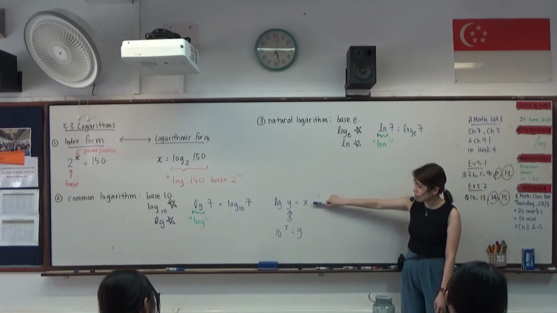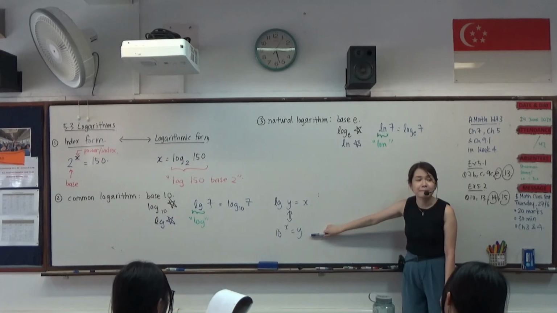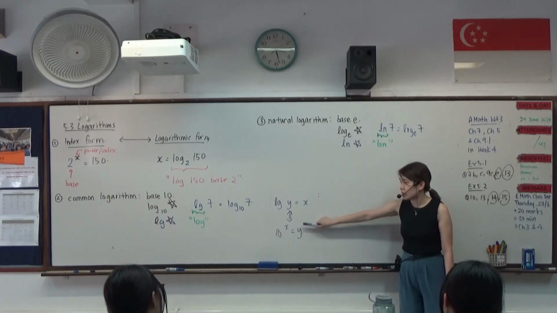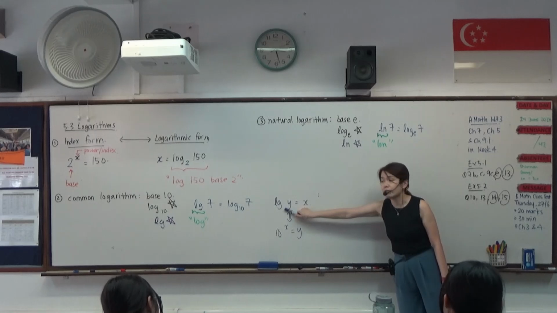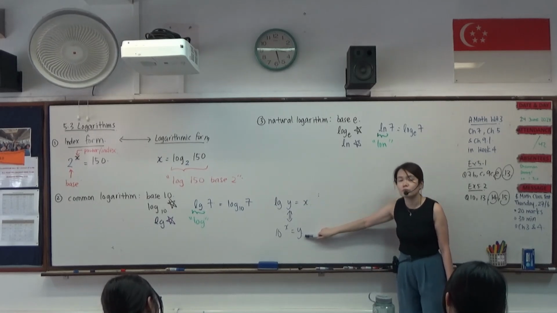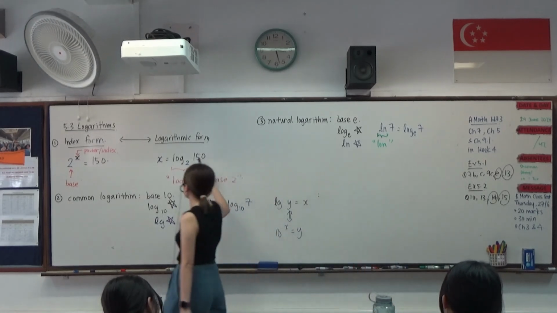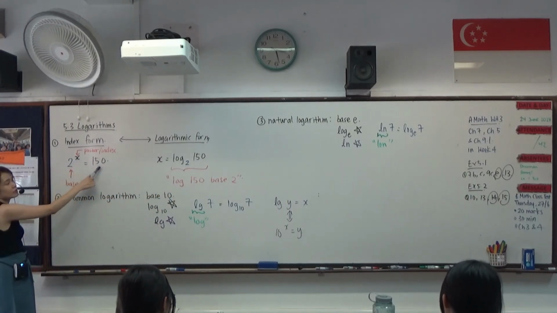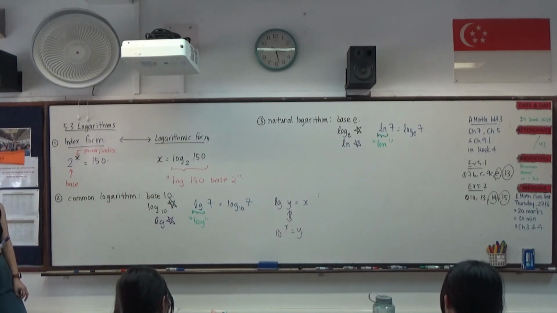So from logarithm form into our index form, because this has a hidden base of 10, so 10 to the power x equals y. Just like over here, 2 to the power x equals 150. That's what I wrote here.